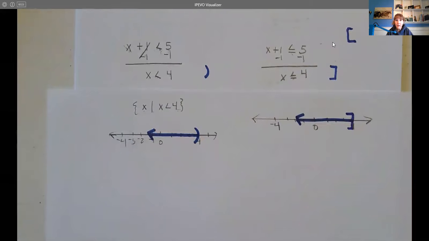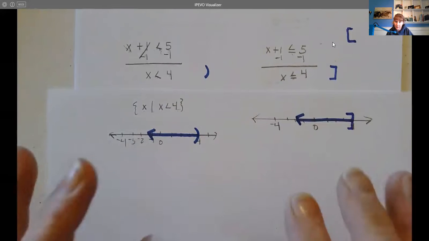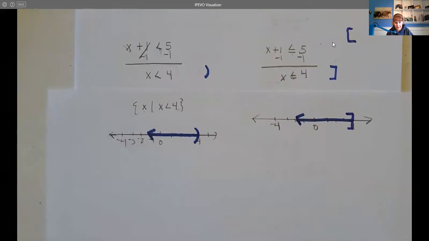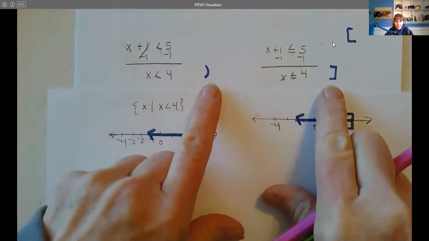All right. Okay, now we're going to talk about these 2 interval notations. Since I've got them here, I'm going to go ahead and talk about them. Interval notation is very useful. And unfortunately, at times it can look just like an ordered pair. But interval notation uses these, all right?